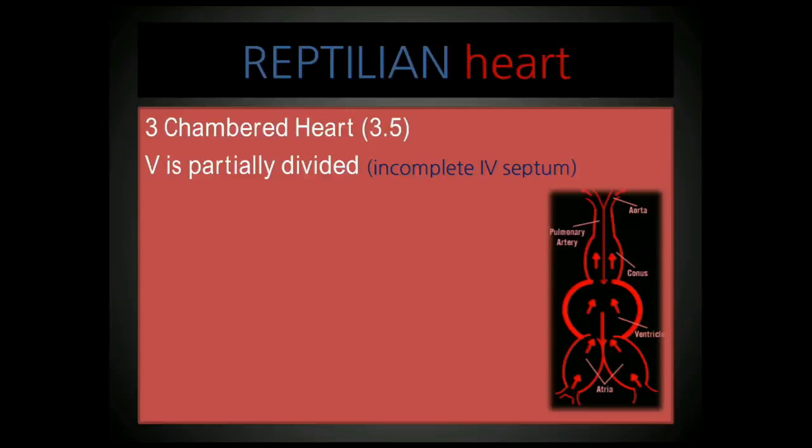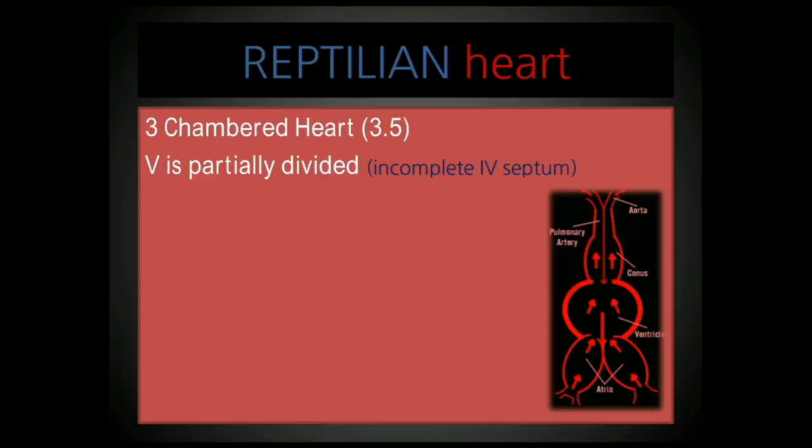Here we have two auricles. These are the two atria, and we have a single ventricle, but with an incomplete intraventricular septum. I have written IV septum over here. So we have a partially divided ventricle and two atria. That's why it is a 3.5 chambered heart.